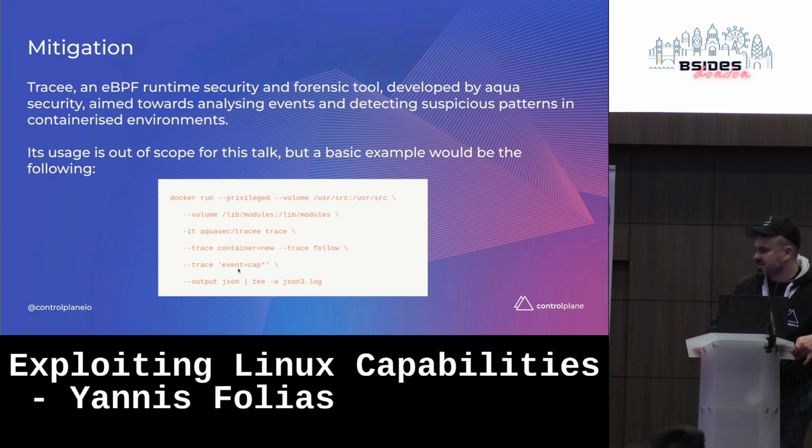As you can see here, it's tracing for capability-related events, and it's outputting anything that it's finding to JSON3.log. It's an eBPF-based executable, and that's why it has specific requirements, like you have to run it in privileged mode. You also have to map a few things within the container just to allow the eBPF-related modules to compile initially. This is what we were using in this particular use case.